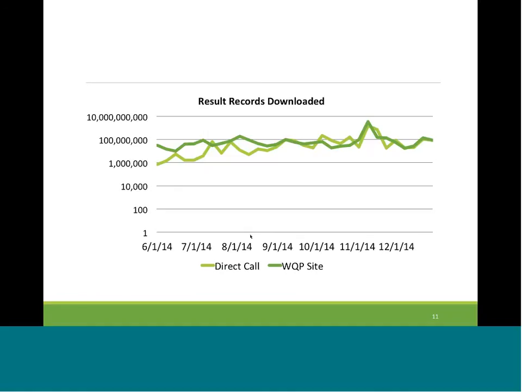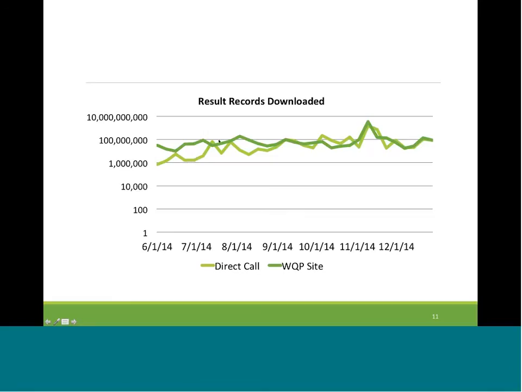This shows weekly rows of result data downloaded from the portal, and you can see early in the summer there were not nearly as many users downloading data via services. Sometimes only maybe a couple million result records a week were downloaded.